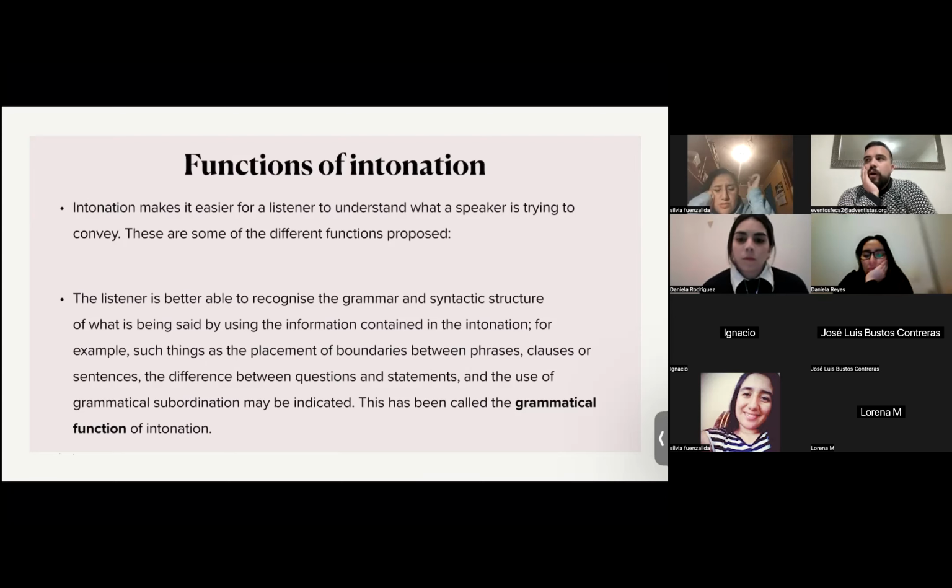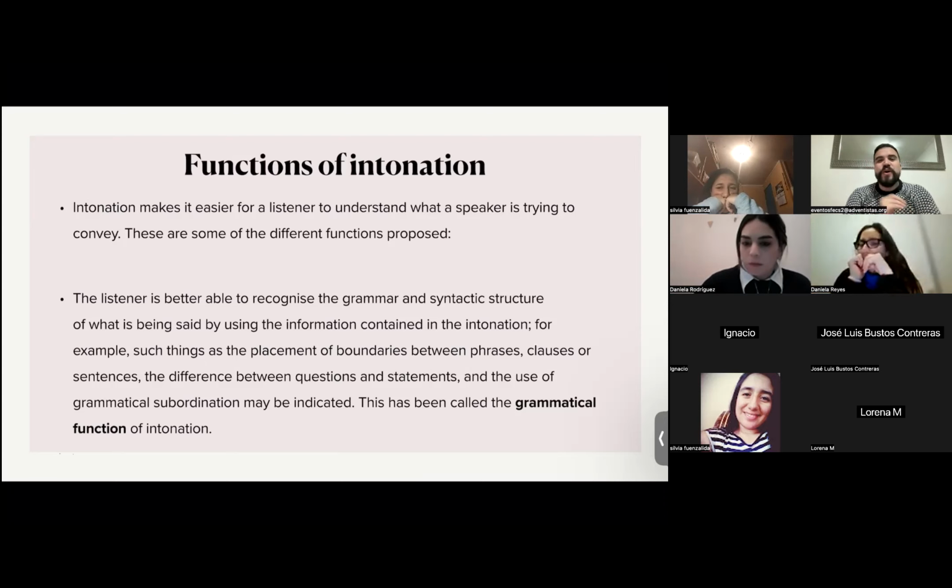For example, we know that we have auxiliary verbs to ask questions in English. For example, "Are you Jose?" So that intonation will be a question. But what happens if I say, "You are Jose?" Yes, I am. It's different if I don't use that auxiliary verb and I just say, "You are Jose?"